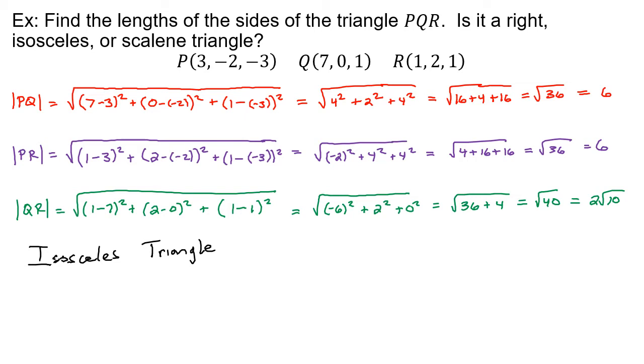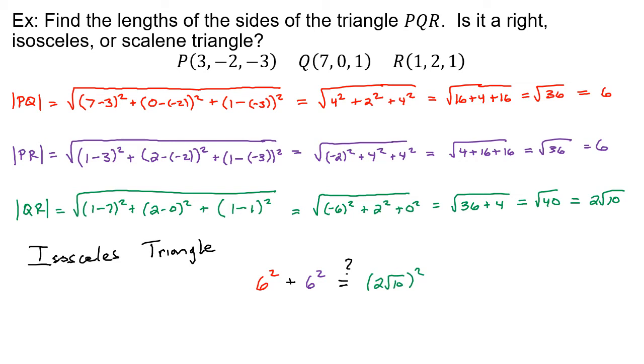This one will not be a right triangle because the two sides that are the same are less than the other side, since I know square root of 36 is less than square root of 40. And if it is a right triangle, the biggest side squared has to be the sum of the other sides squared. So I'd have to check, is 6 squared plus 6 squared equal to 2 root 10 squared?